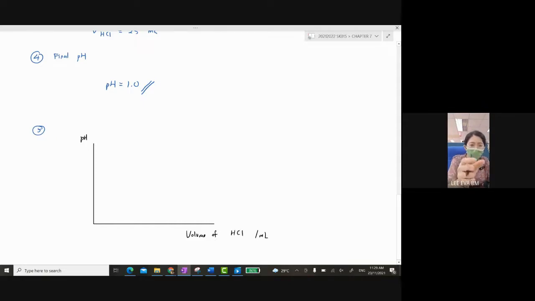Pay attention to the specific formula at the x-axis, from there you can tell that is the titrant. So our initial pH is 11.12, equivalence pH is less than 7, the volume is 25 milliliters, and the final pH is 1.0. So sketch a curve. You have something that looks like this.